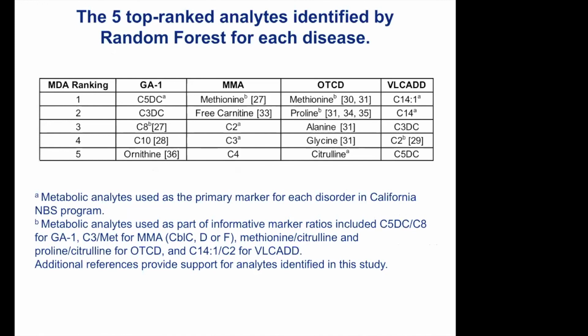Notably, each of the primary markers used to detect these 4 diseases in the California newborn screening program was among the 5 top-ranked analytes for each disorder. 2 of the top-ranked analytes are part of informative ratios for GA1, C8, and MMA, methionine, while several other analytes were found to be related to these disorders based on literature searches.